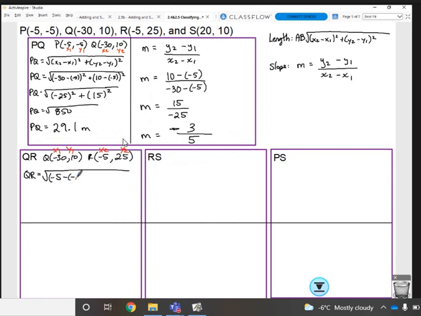Negative 5 minus negative 30, squared, and 25 minus 10, squared. Negative 5 plus 30 is positive 25, squared, plus 25 minus 10 is 15, squared.